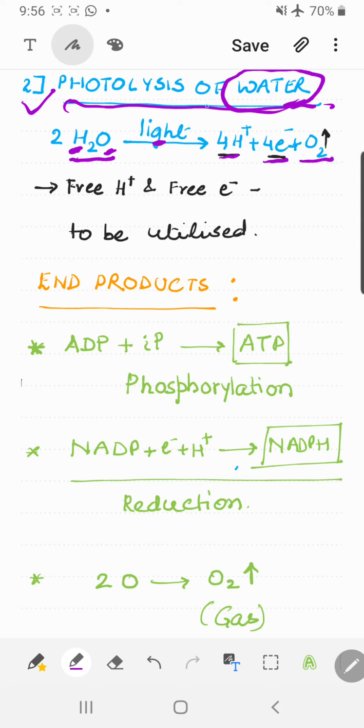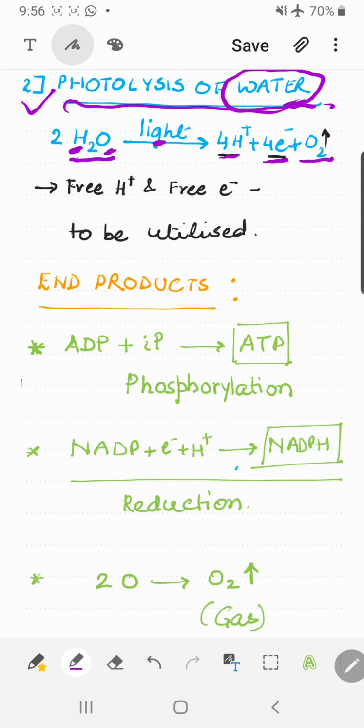This is just a balanced equation. So here you can see 4 hydrogen ions, then 4 electrons are released side by side, then 2 atoms of oxygen, to release oxygen in the form of gas. Now always remember that oxygen is liberated.